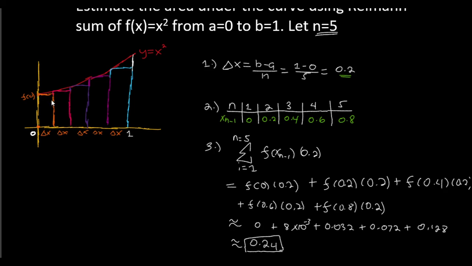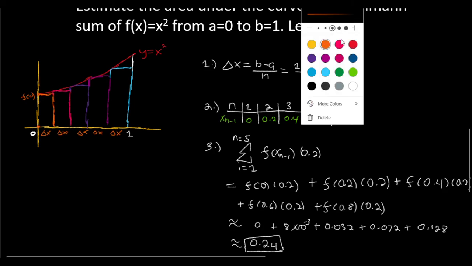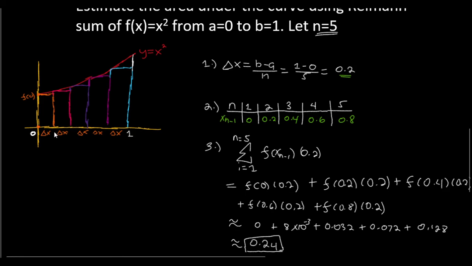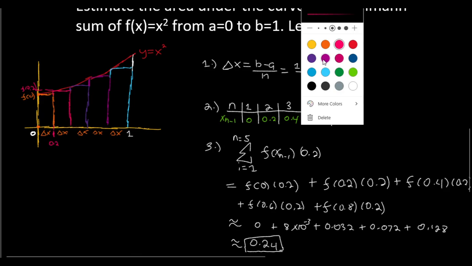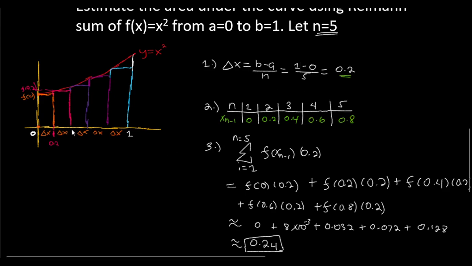And then next, yung height ng second rectangle is i-project natin dito. Ito kasi 0 and then may delta x na 0.2. So yung height nito is f of 0.2. Tama? Okay. Then yung third rectangle natin is ito, which is at 0.4.